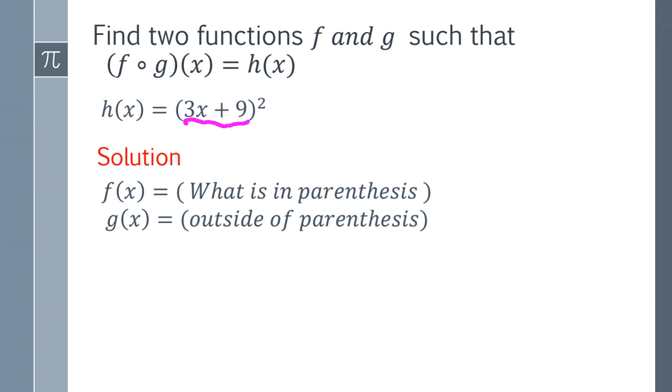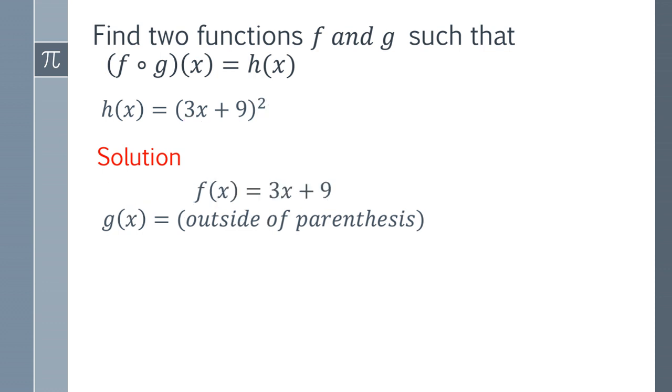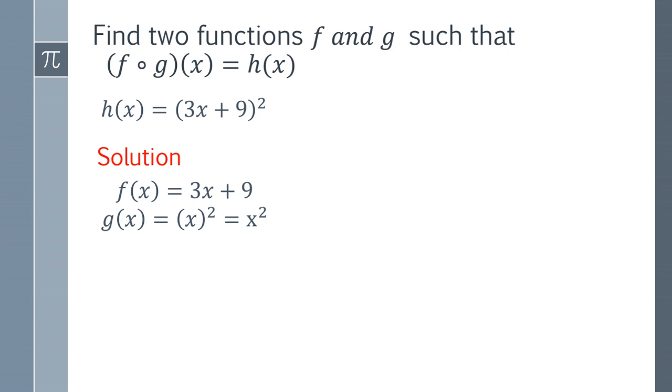And then g of x is the outside of the parentheses. In other words, you have this square. So we consider that f of x is inside, which is 3x plus 9. G of x is whatever is outside, so here is going to be my square. So it's going to be x squared.